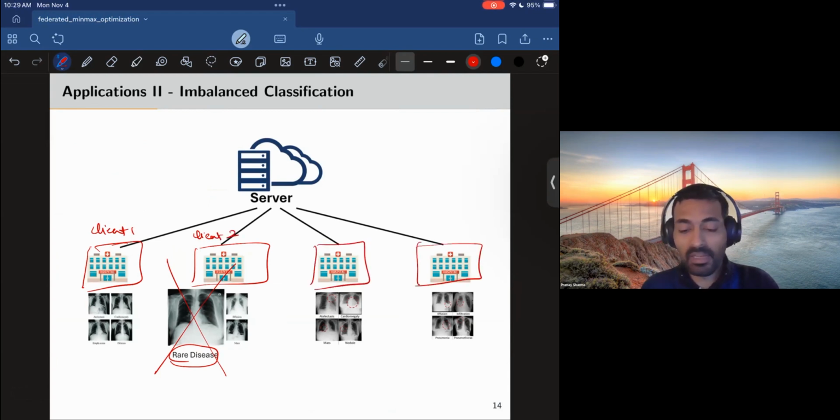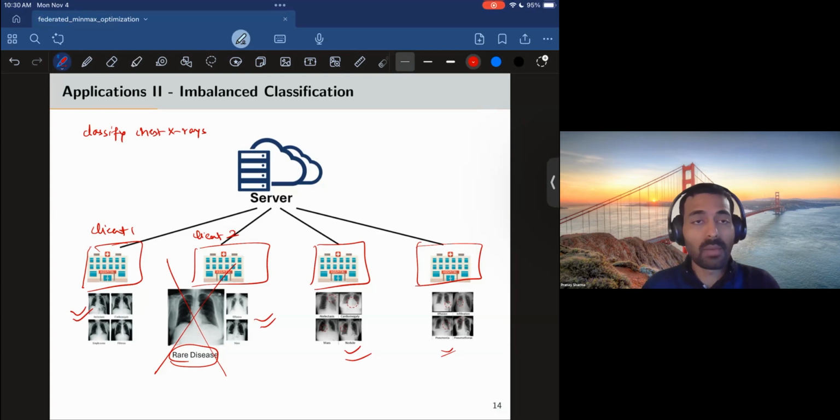The application we are interested in is classifying chest X-rays. Every hospital has its set of chest X-ray images. What the hospitals want to do is collaboratively learn a machine learning model which will help them classify chest X-rays as accurately as possible.